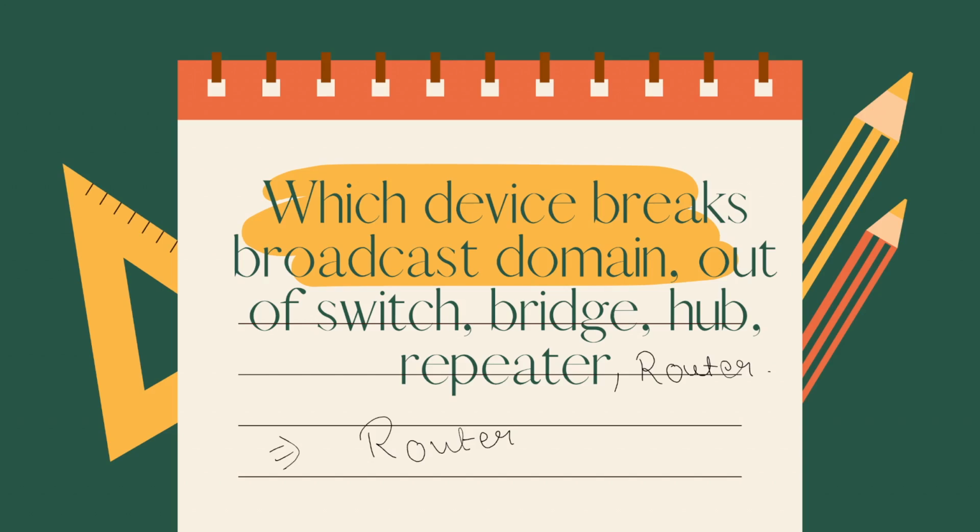Now, who creates these broadcast domains? For those who got confused between switch and router, switches create the broadcast domain, and the router and VLAN break up the broadcast domain. Okay, so I hope we are clear till this point.